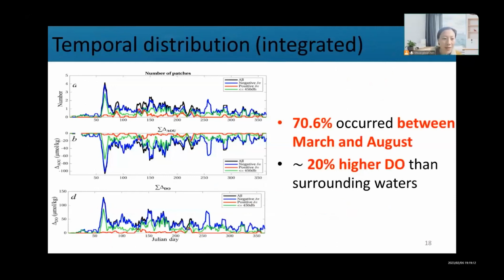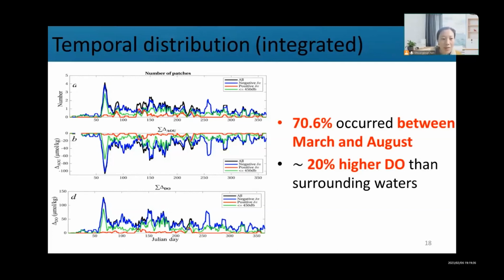And we also investigated the temporal distribution of the subduction patches in terms of the integrated number of patches, AOU and DO along the day of the year. It's found that 70% of the subduction occurred between March and August, peaking in March.